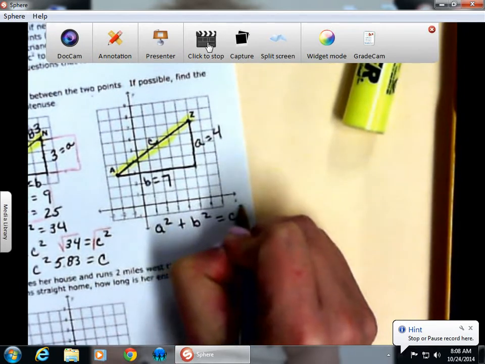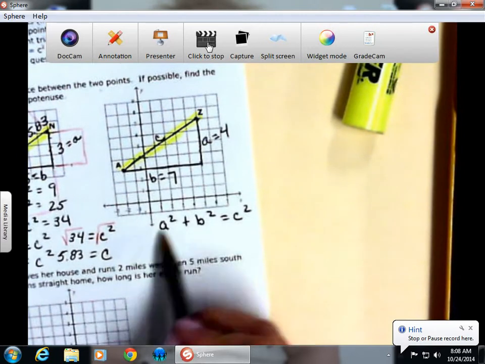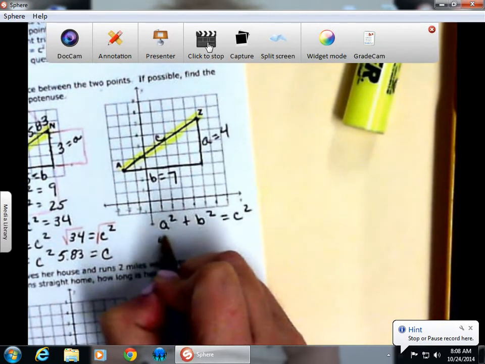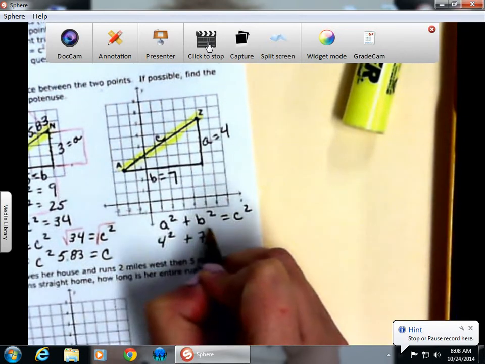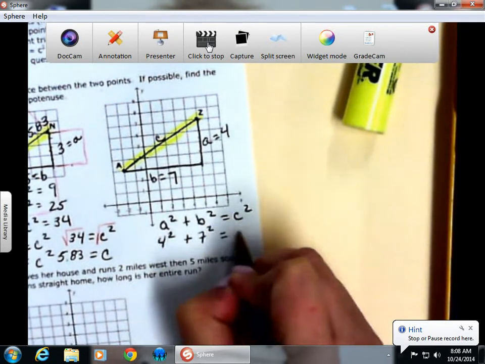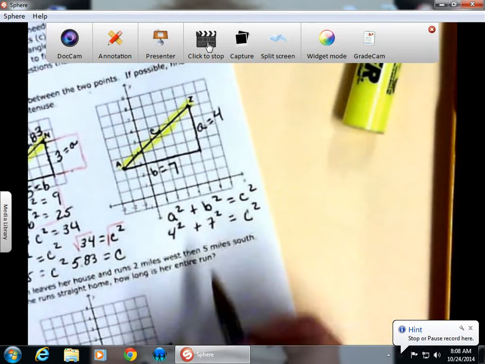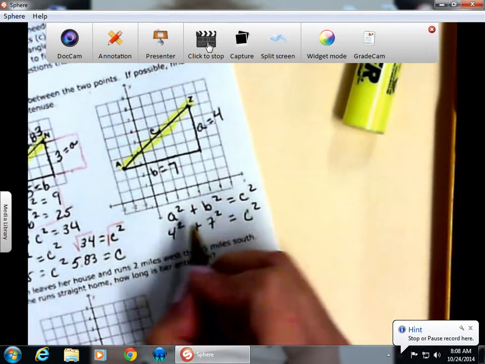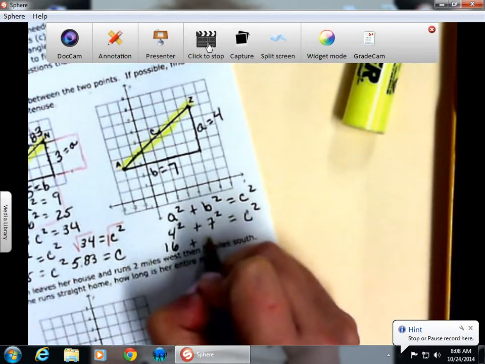Since my A is 4, I have 4 squared plus B squared, which is 7. And we're finding out what our C squared is. A squared is 16 plus 7 squared, which is 49, and that equals our C squared.